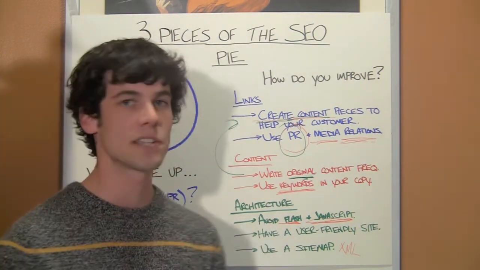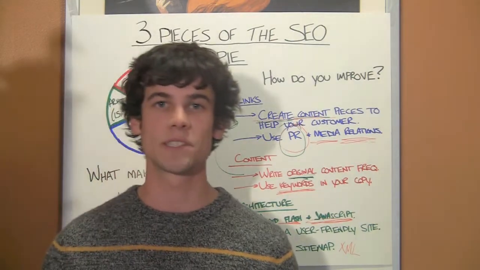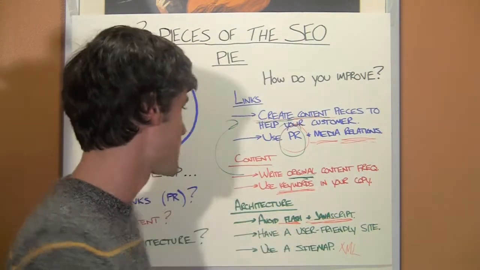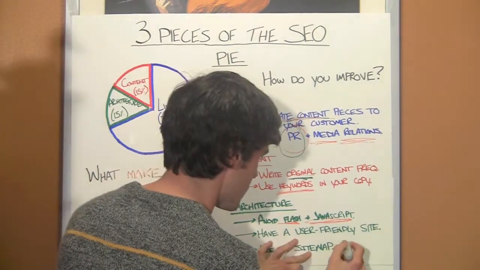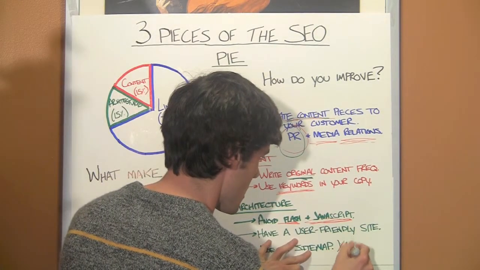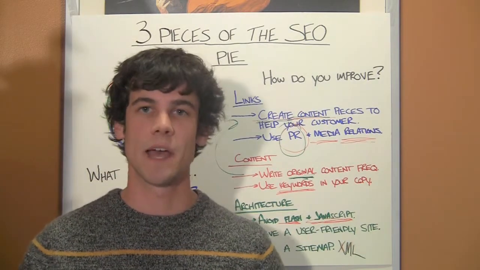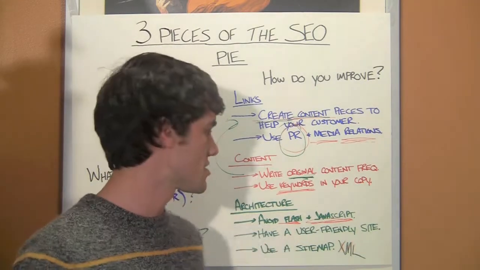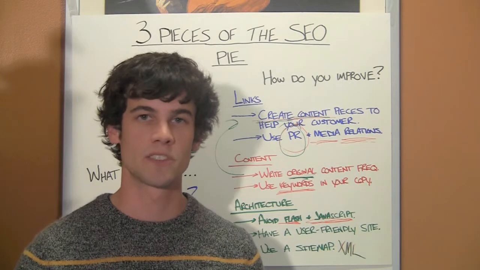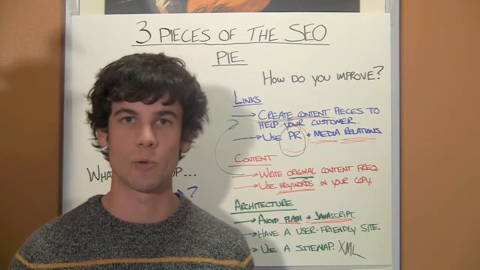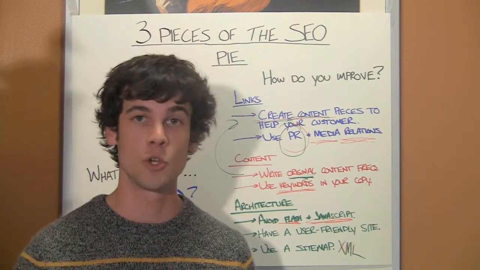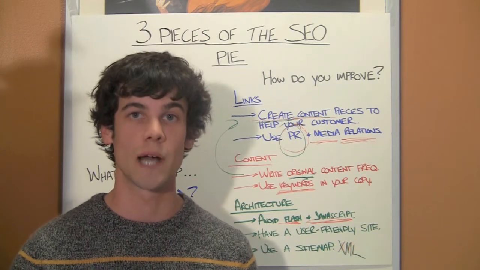Lastly, I would suggest using an XML sitemap. I know it's probably hard to read here. Use a sitemap, even if it's not XML. XML is just a language. It's pretty much the simplest language out there. It helps humans and search engine robots alike.